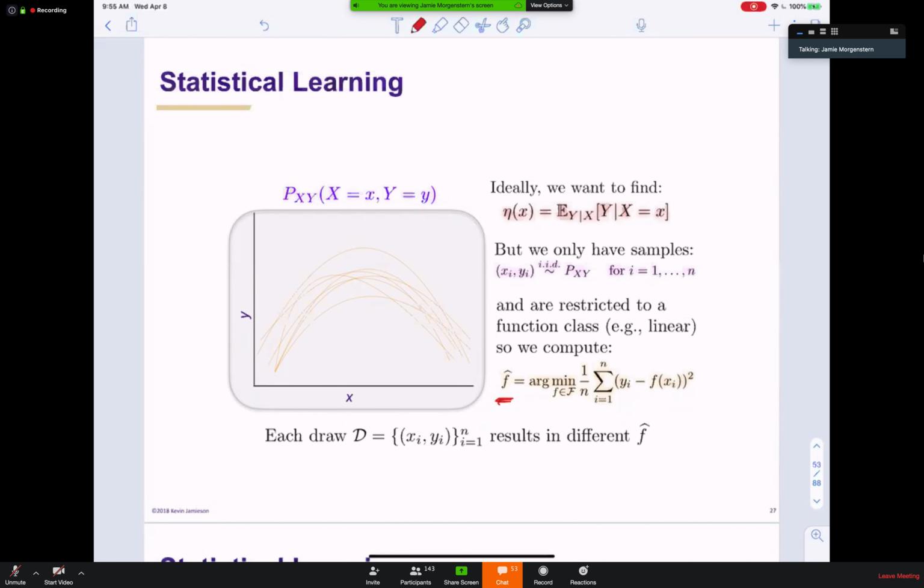If we weren't thinking about linear functions, but quadratics, depending upon what data we got in that draw initially, we'd see slightly different models that would minimize our squared training error. So this is just drawing many of the different models we could have learned, even if we're using the exact same collection of functions.